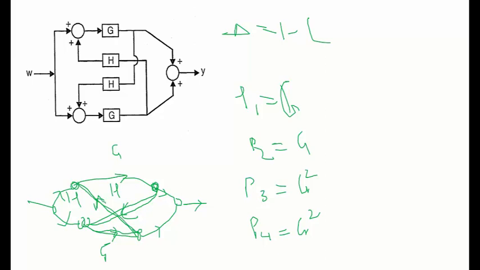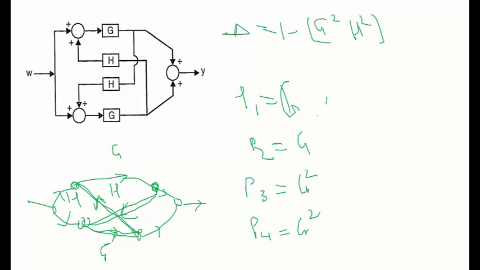So this forms one loop, and you don't find any other loop in this SFG. So there is only a single loop, and that is G into H into G into H, which makes G square H square. So we got delta is 1 minus G square H square, and since there is no other loop, we will not be talking about non-touching loops.